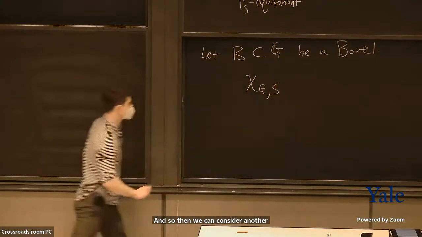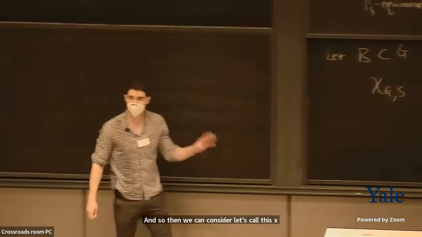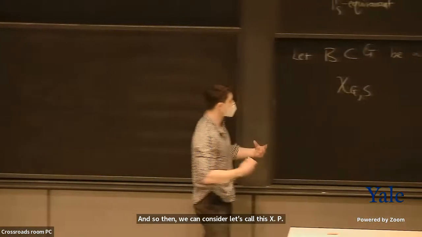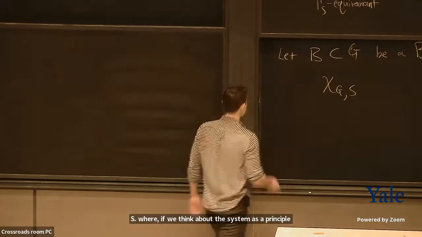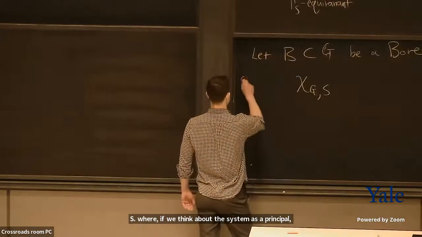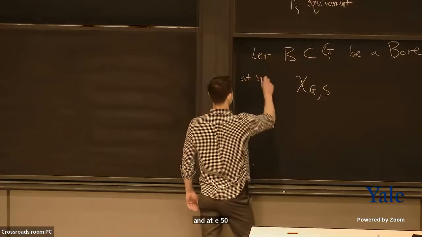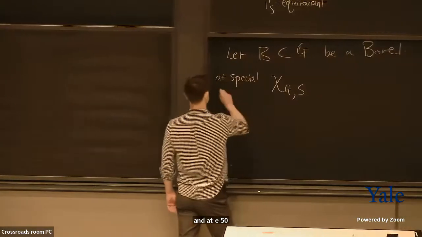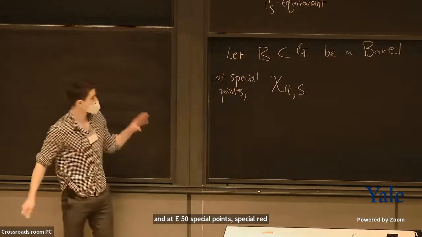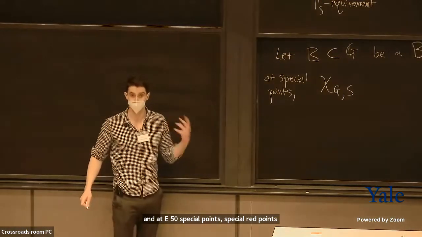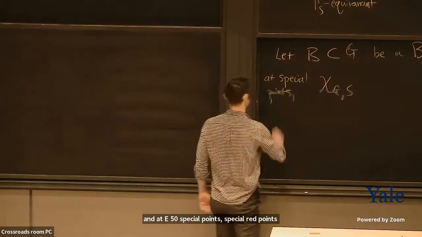Let's call this X_G,S, where if we think about our G local system as a principal G-bundle with a parallel transport, then at each of the special points, special red points, we equip our local system with the additional data of a reduction to a Borel subgroup.